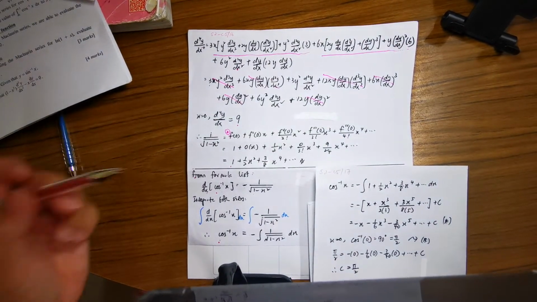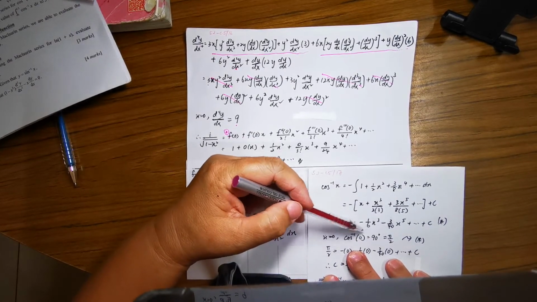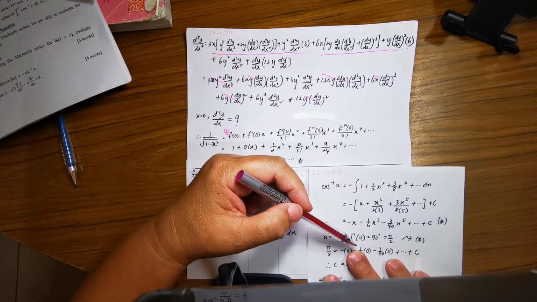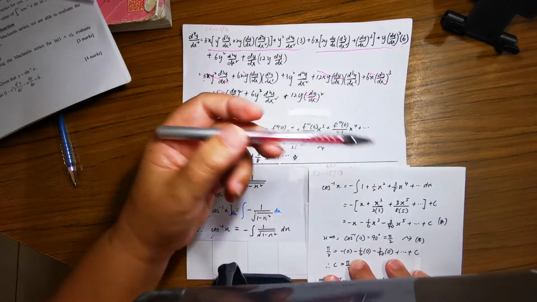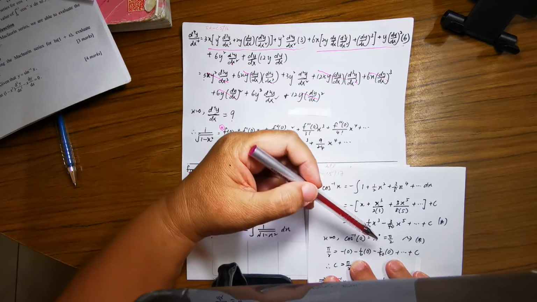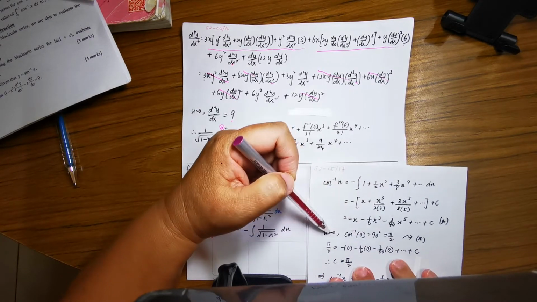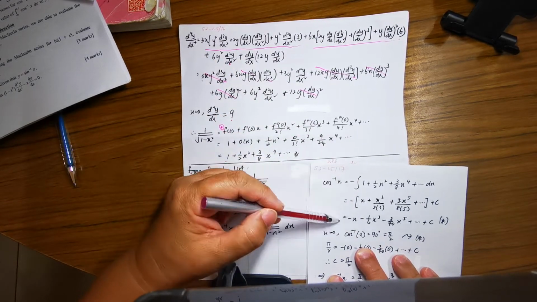Very simple. We know that when x equals 0, arc cos 0 is 90, right? Because cos 90 degrees is 0. But we don't use 90, we use pi over 2. Always use radians.